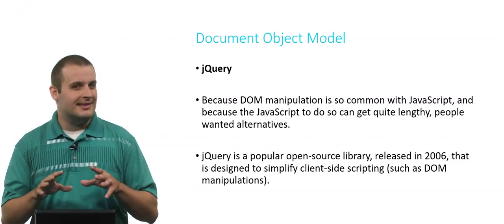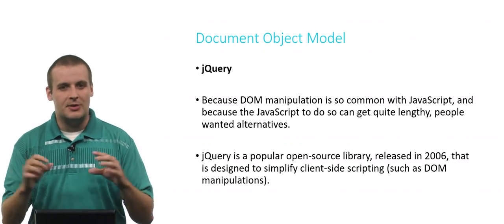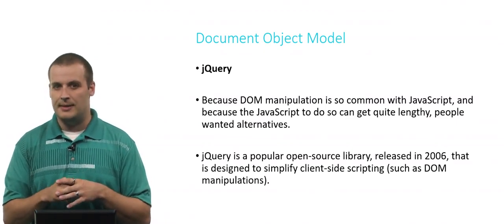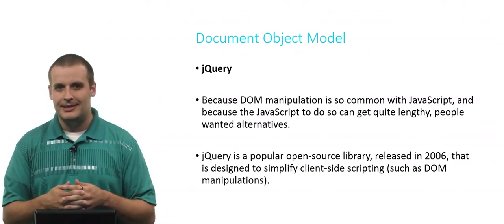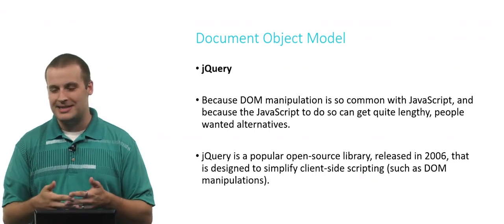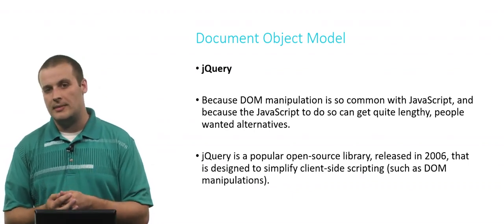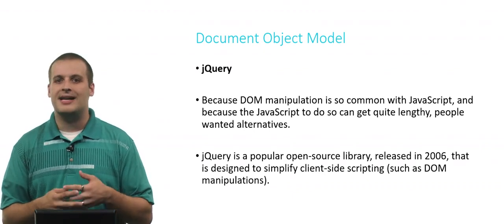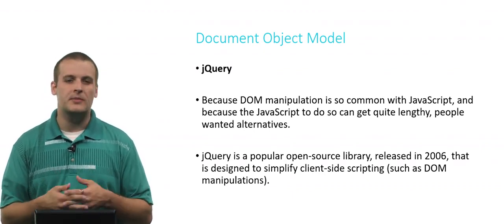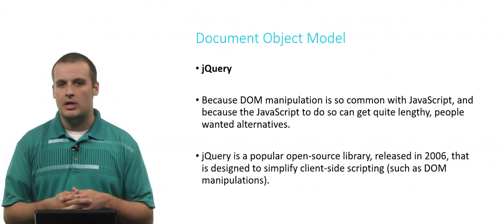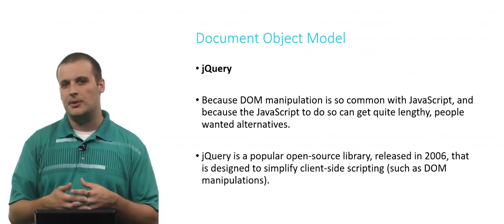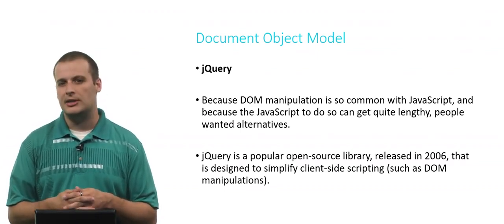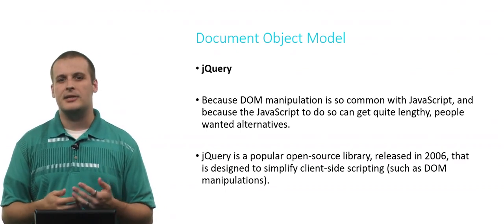Now, you may have seen that some of those property names and some of those method names are really, really long. It would be a lot to type out. And so it's actually quite common when you are working on a project that has a lot of document object manipulation to use a JavaScript library called jQuery. jQuery is quite popular. It's probably the most popular JavaScript library currently in use. It's been around for about 10 years now.